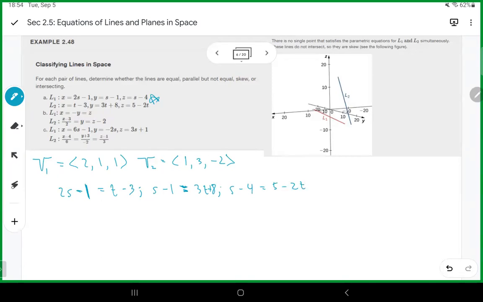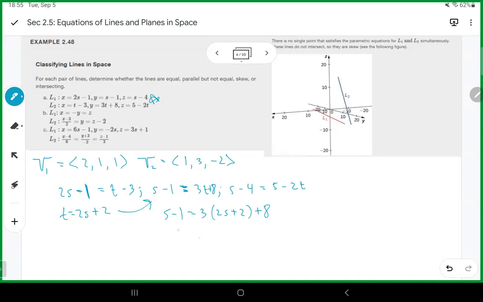So if we look at the first equation, t equals 2s plus 2. And if we substitute that into the second equation, s minus 1 equal to 3 times 2s plus 2, plus 8.